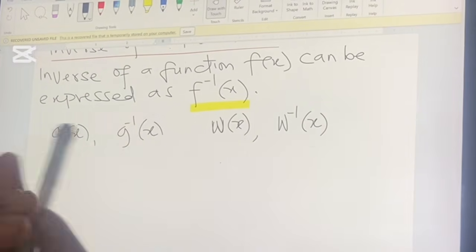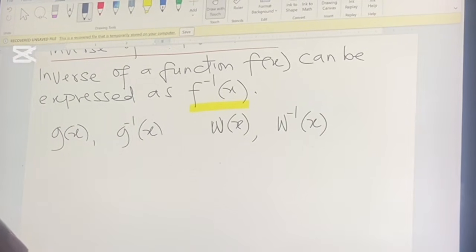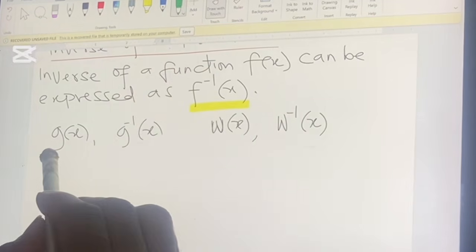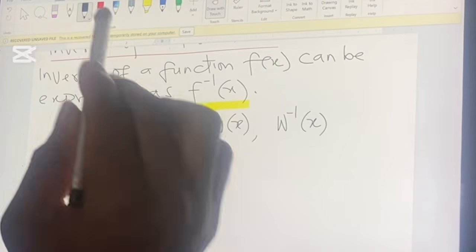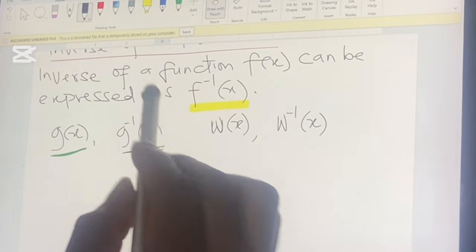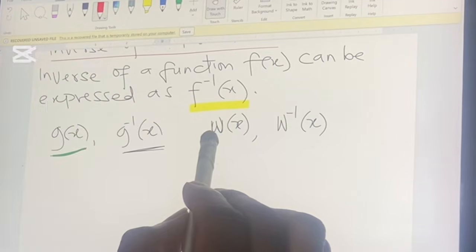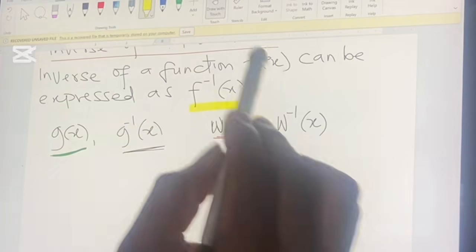So the representation of the inverse depends on the function given to us.